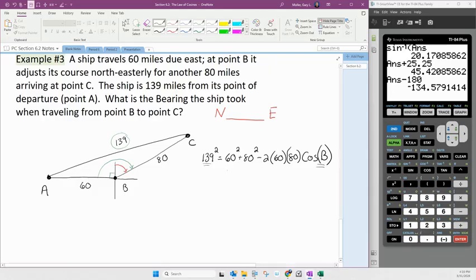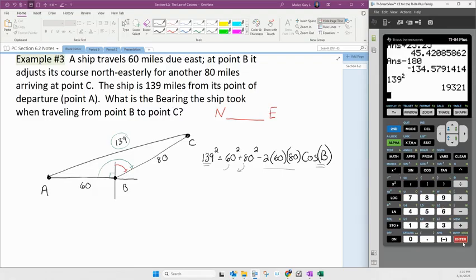So I can already see I'm going to subtract this, I'm going to subtract that, and then I'm going to divide by that. So let's just do that on our calculator. 139 squared, and then I'm going to subtract 60 squared, and I'm going to subtract 80 squared, and then I'm going to divide by, and here's where we cannot screw up if we're going to do this.